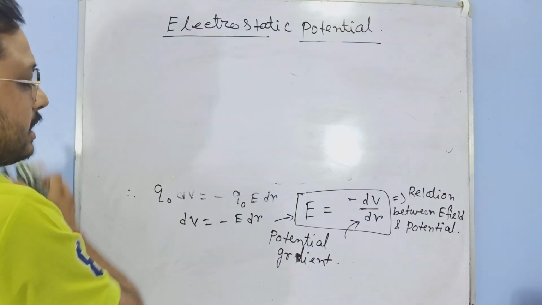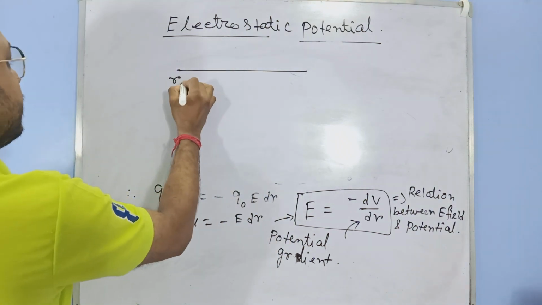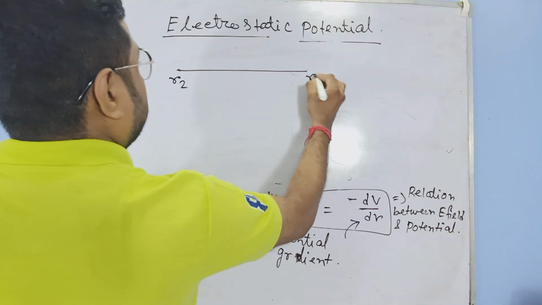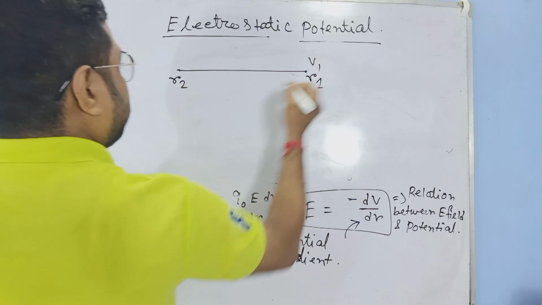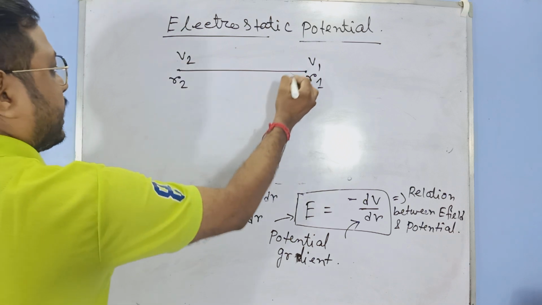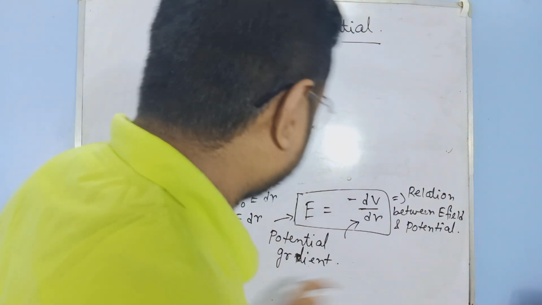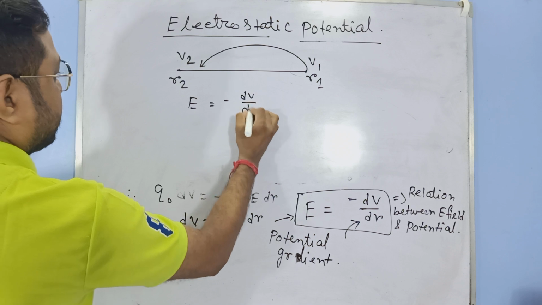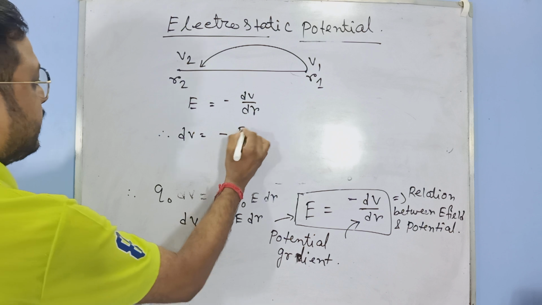This is R2, this is R1, and the potential at R1 is V1 and the potential at R2 is V2. So we have to take a unit positive charge from V2 to V1. We can say that E equal to minus dV/dr, so dV equal to minus E dr.